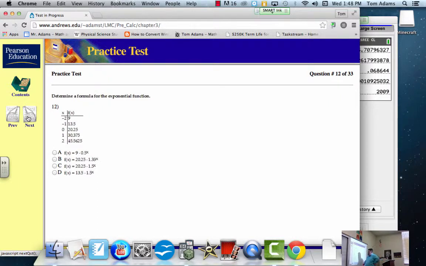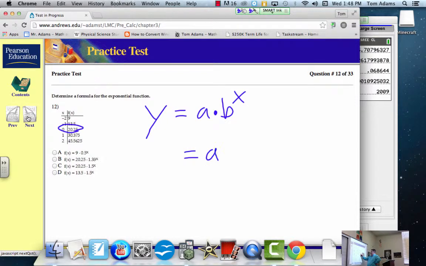Well, I think this is pretty easy when you consider that when we say y is equal to a times b raised to the x, what happens when x equals 0? B to the 0 is 1, so y equals a. Does that make sense?